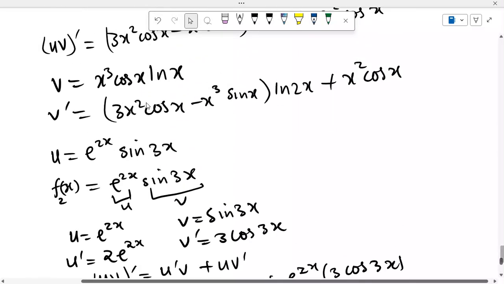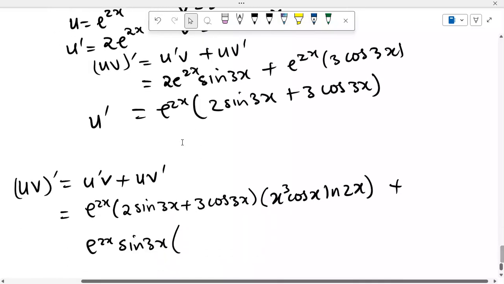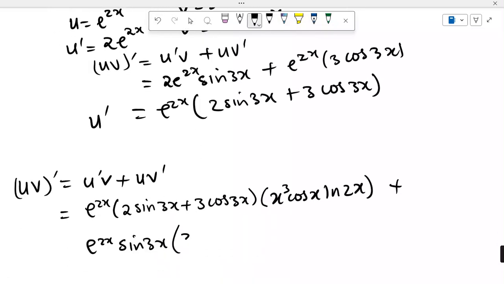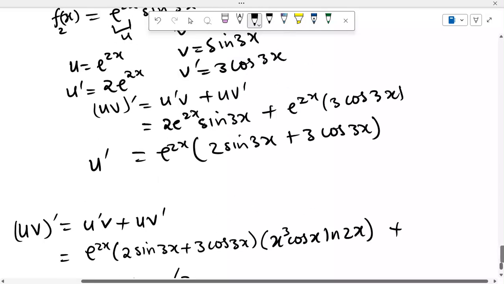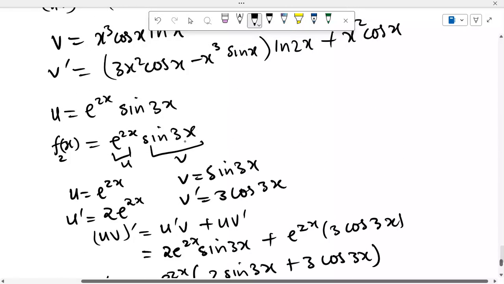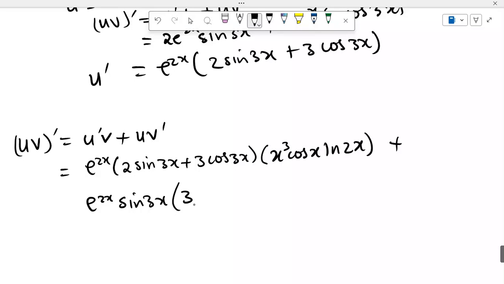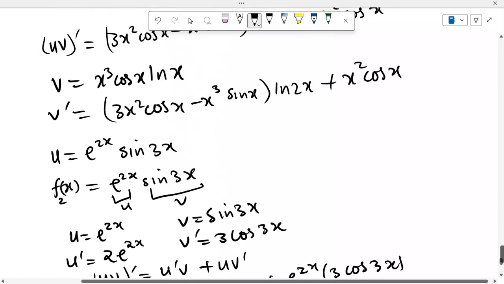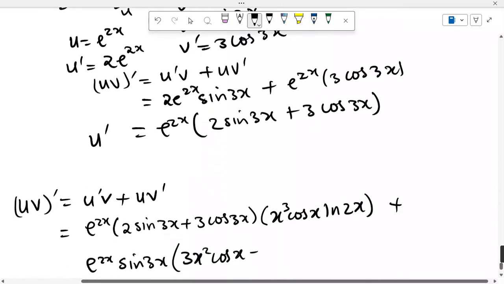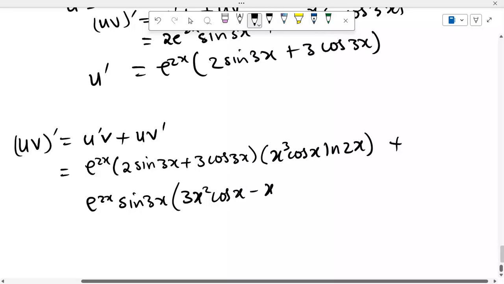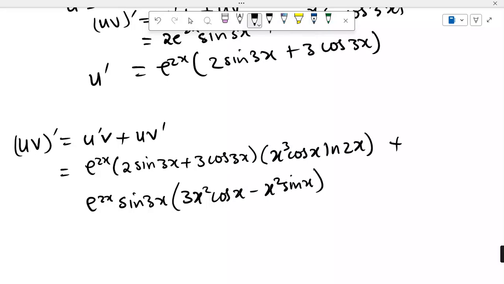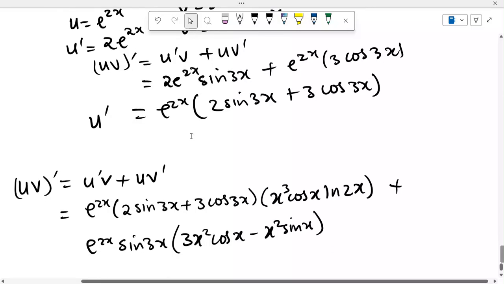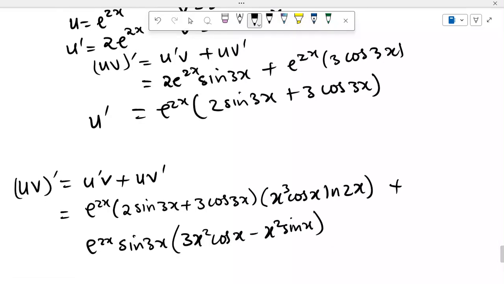Our v prime is also a giant equation, this one. Is v what? V, x squared cos x minus x squared sine x. Okay. Oh, it's 3 here. So here is 3.